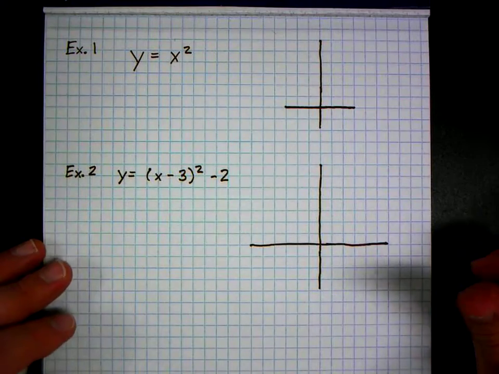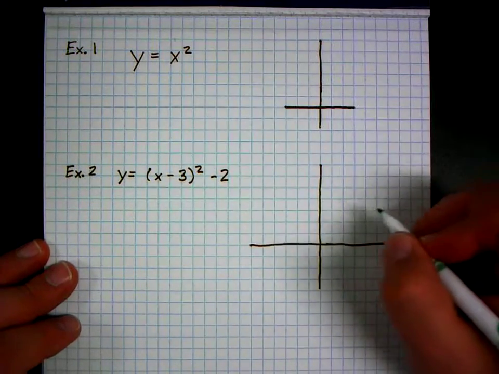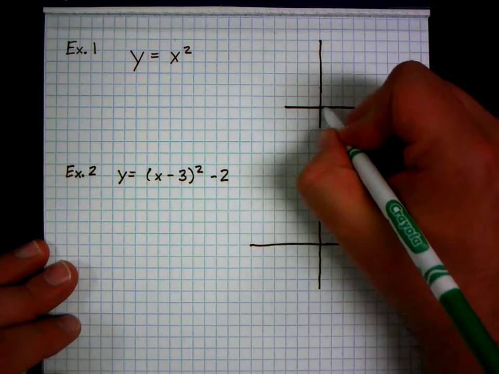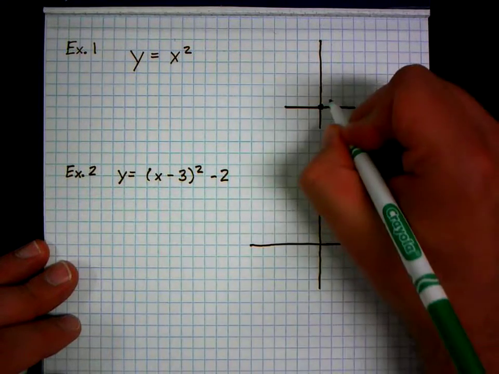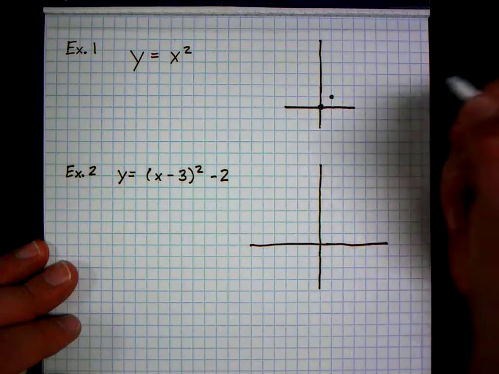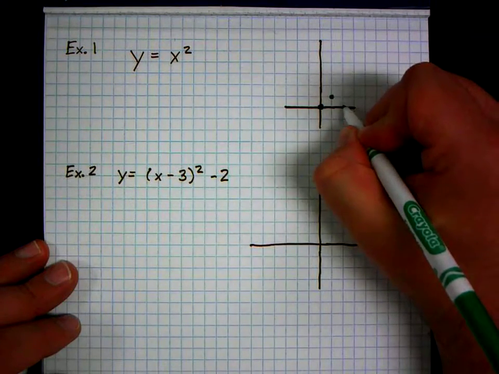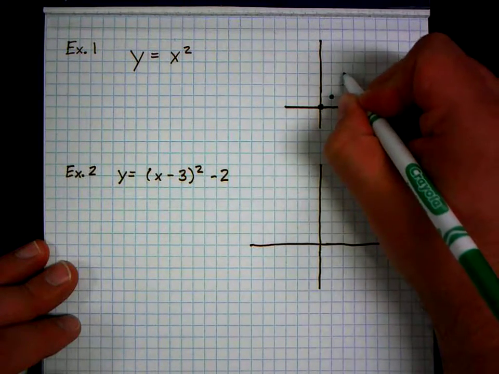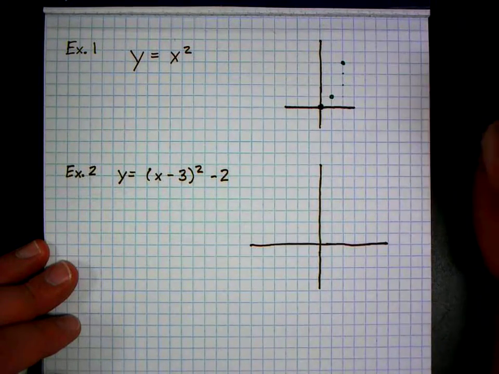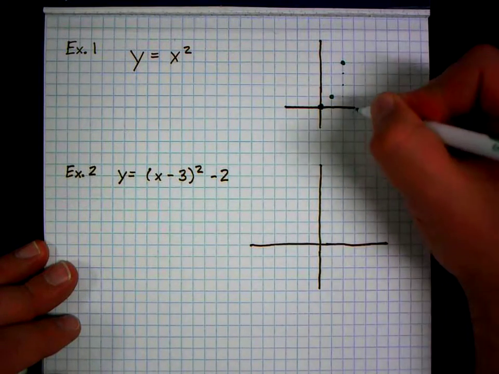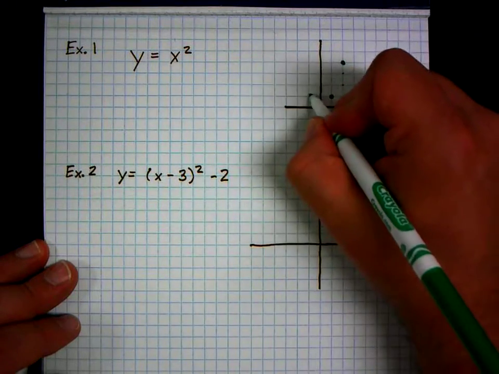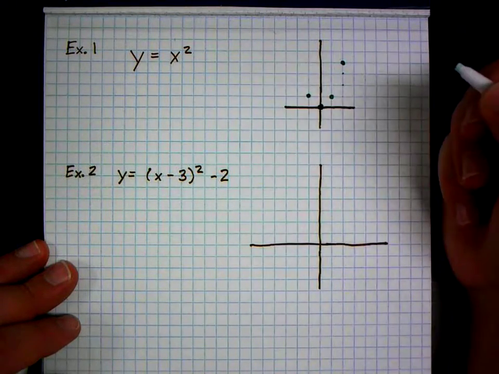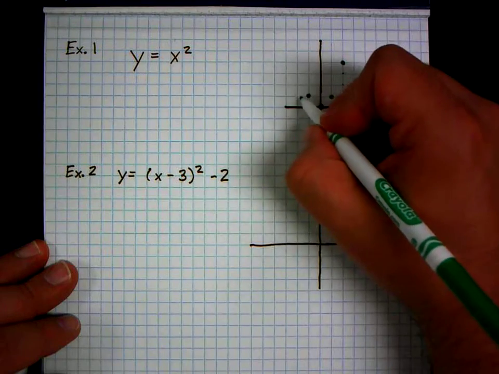All right, so to start off, if I was just graphing x squared, it starts at 0, 0, right? And I'd have the points 1, 1, and 2, 4. And then if I was really desperate, I could go out to 3, 9, but I'm not that desperate for a point. Negative 1, 1, and negative 2, 4.